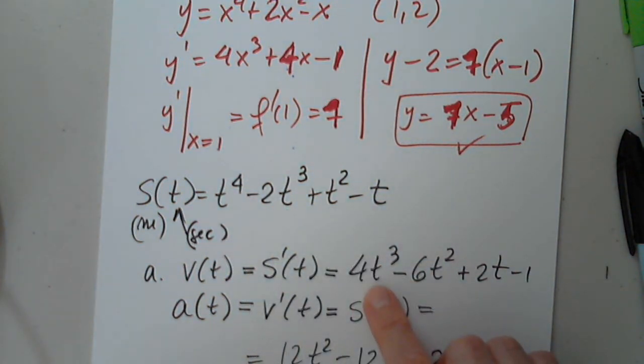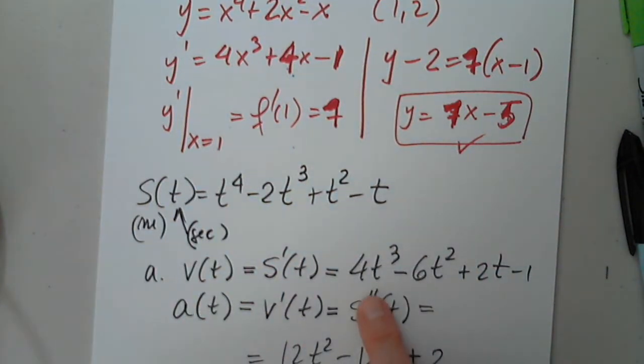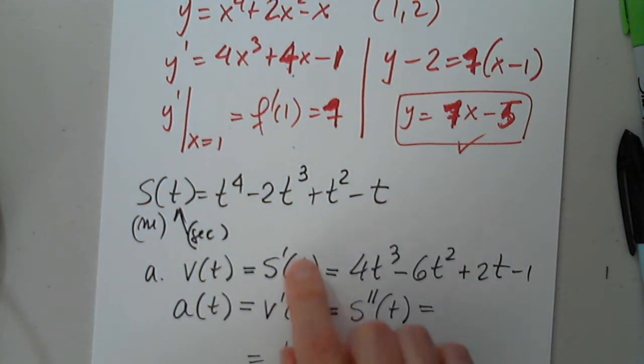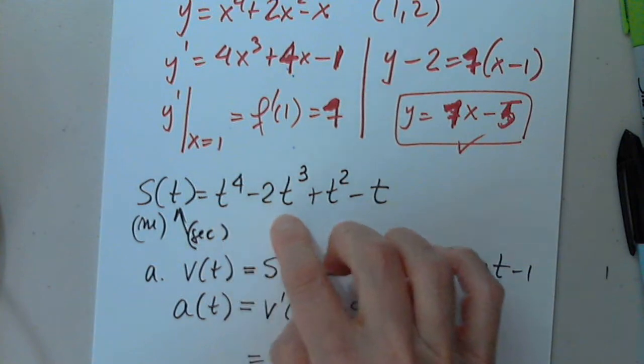Is that okay? Where's the V and the A and then the 2 dashes next to the S? So v is the velocity function of time, which is the first derivative of the distance. So we are differentiating this.